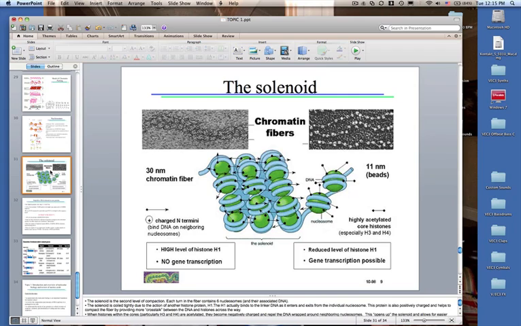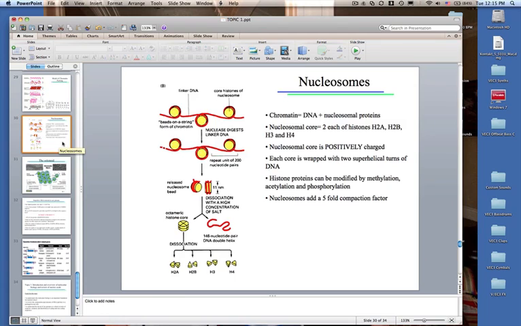You also have the addition of another protein called histone H1. H1 is not part of the nucleosomal core, but it's involved in this compaction process because it's bound in the areas that are coming in and out of the nucleosomes. If you look at this for a second, H1 is bound up on these intermediate structures.